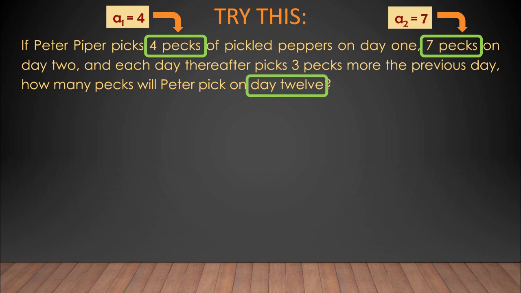This day 12 will be our n. So our n here is 12. So again, we have a sub 1 is 4, a sub 2 is 7, and d, the common difference here, is 3.